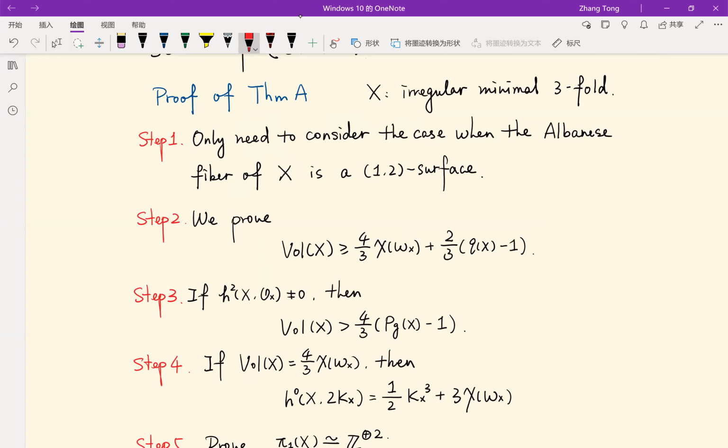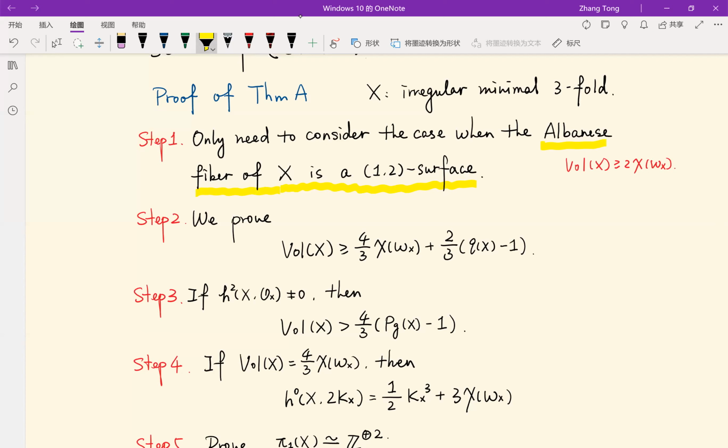So that's a previous work of Hu Yong and myself, and we proved that if the Albanese fiber is not a 1-2 surface, then the volume of X is at least twice the Euler characteristic. Okay, so to prove the inequality, we only need to consider this case. So the Albanese fiber is a 1-2 surface.